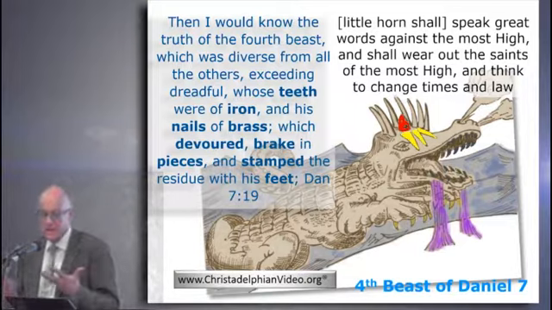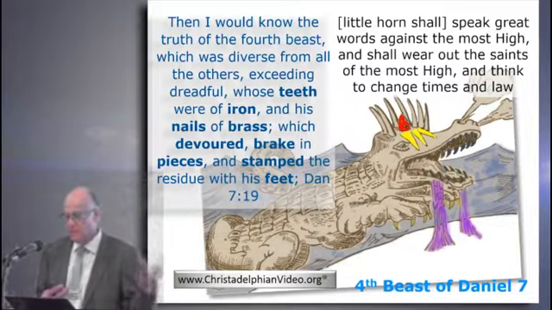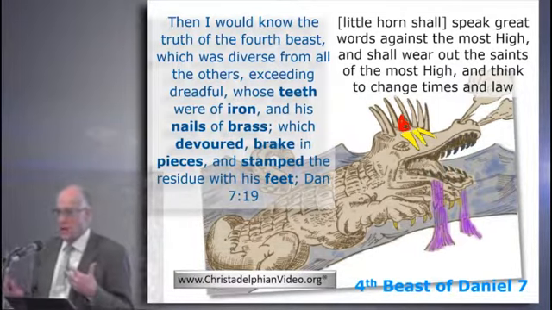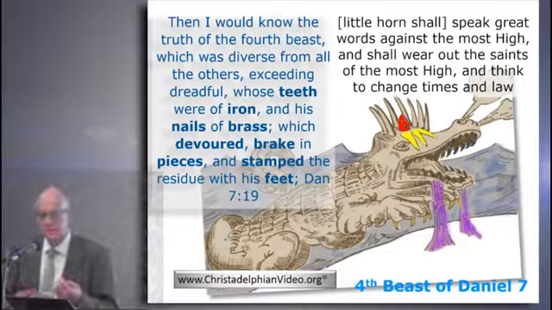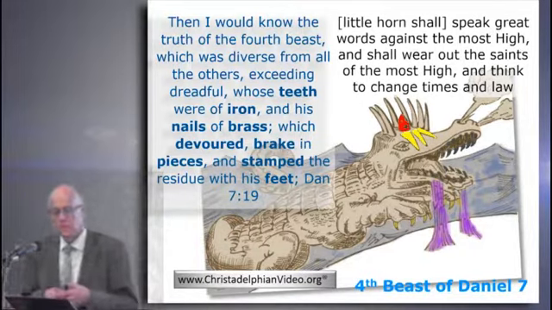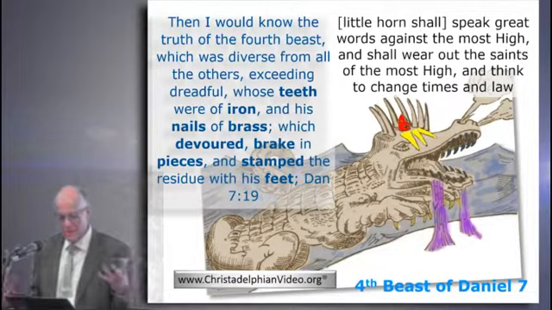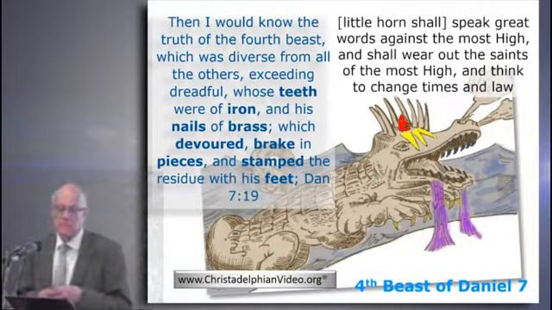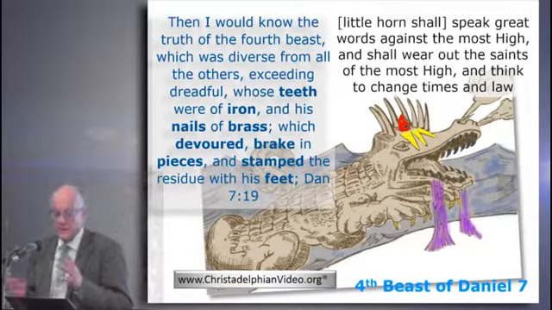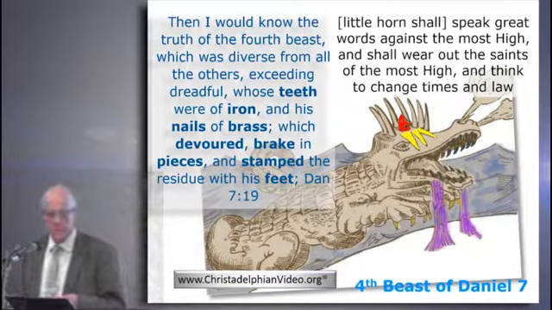So again, we have this linking, as we did with the band around the tree, of iron and brass, Greek and Roman, Russian and Roman. There is this coming together of these powers at the time of the end to cooperate together to come against God's people.